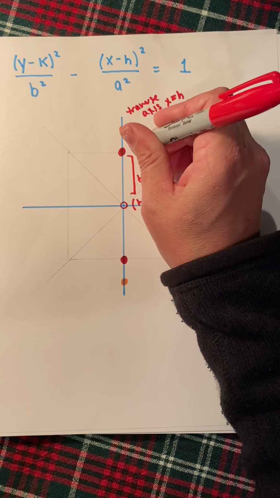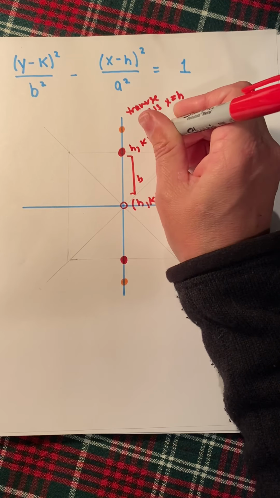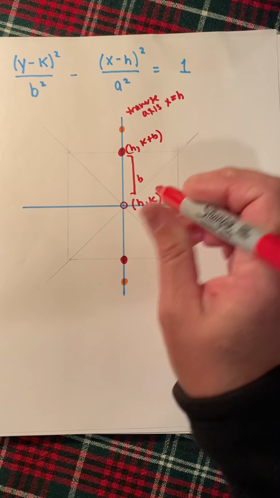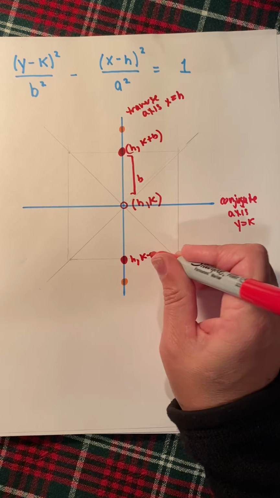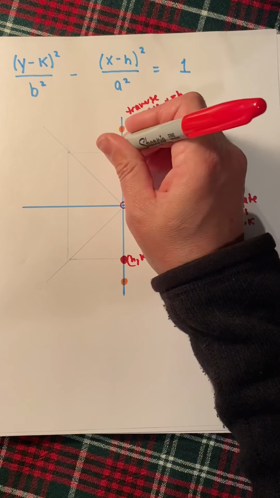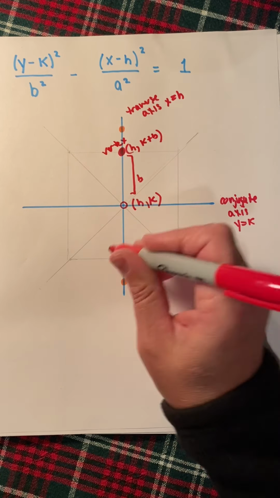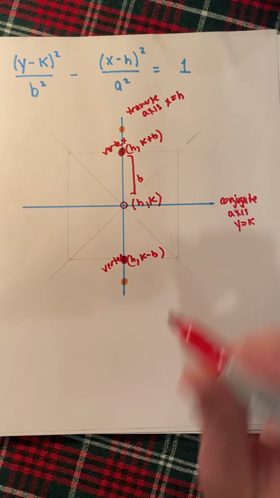My x coordinate is going to be the same, h, but we're going to start at k and go up b units. For the other vertex, my x coordinate is still h, and we're going to start at k and go down b units. I didn't put that detail in the other graph, sorry.